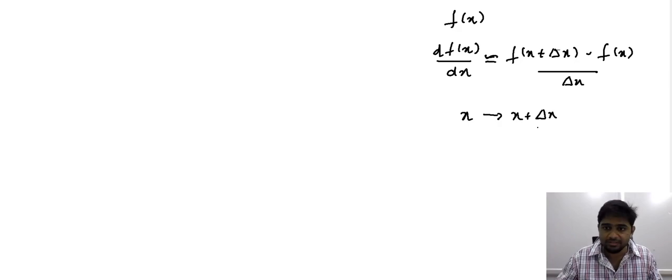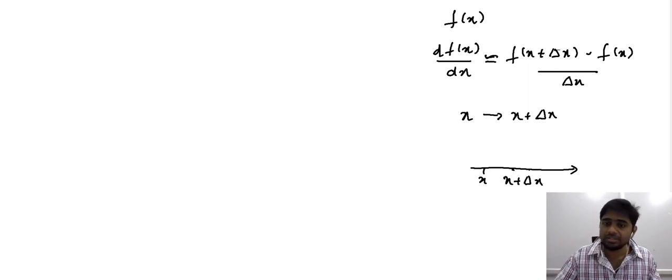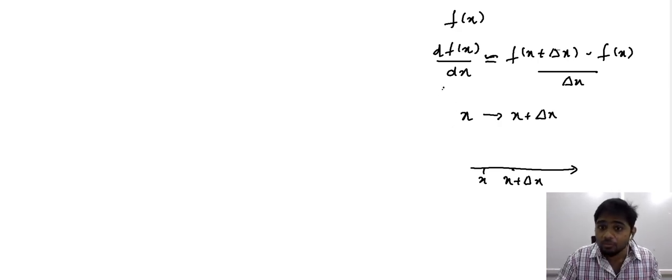So if you consider the x axis, the point we are interested in here is a point that is greater than the actual point, that is x plus delta x. So we are considering a new point that is beyond, or towards the right of, your original point, and therefore we refer to this as a forward difference expression.